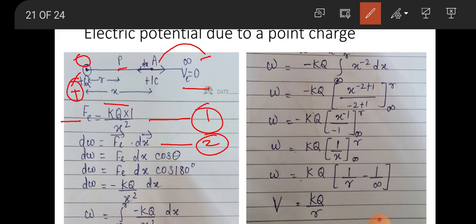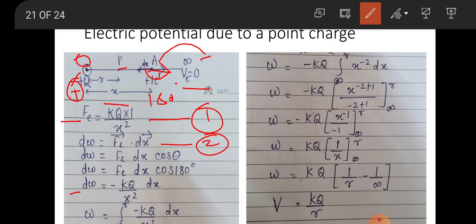The angle between the direction of the electric field and dx is 180 degrees, therefore I take cos 180, and as we all know cos 180 is equal to minus 1. We got the value of Fe from equation 1, so just substitute the values. We get that the small work done is equal to minus kq upon x square into dx.